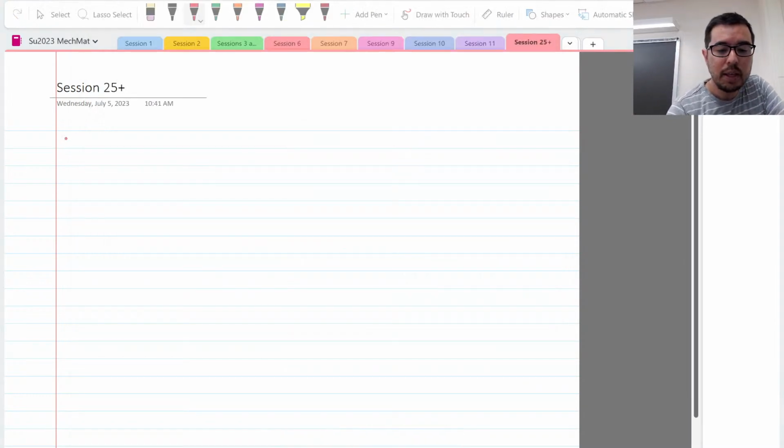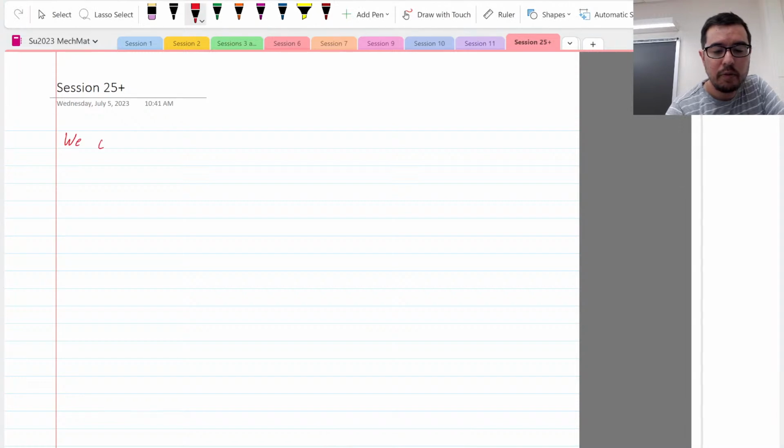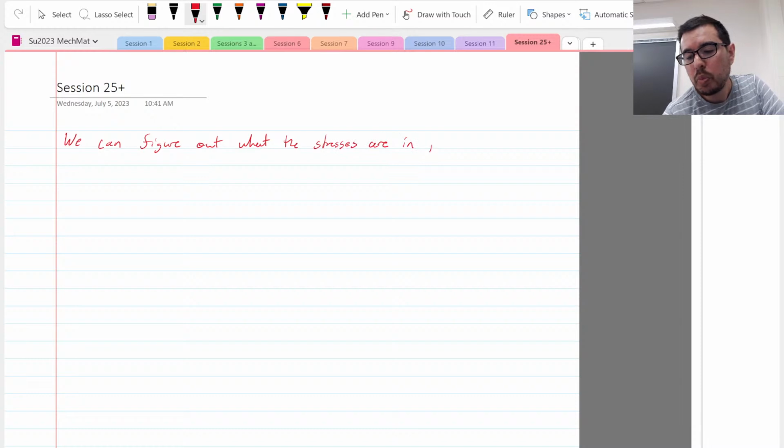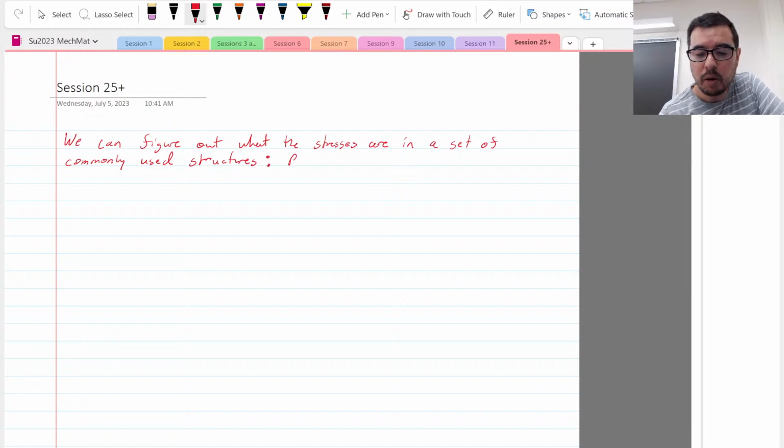Essentially, we can figure out what the stresses are in a set of commonly used structures, right? And these include bars, right?